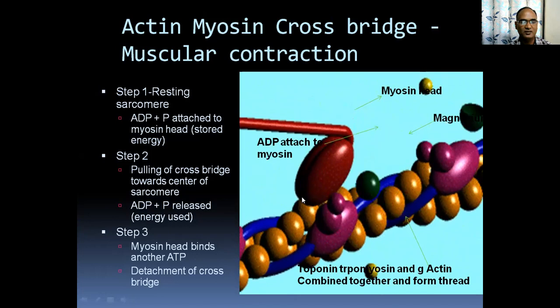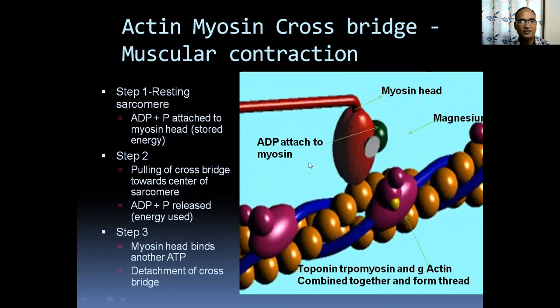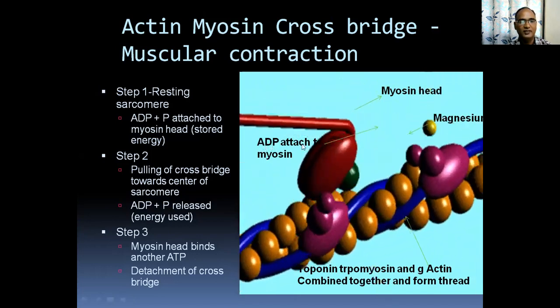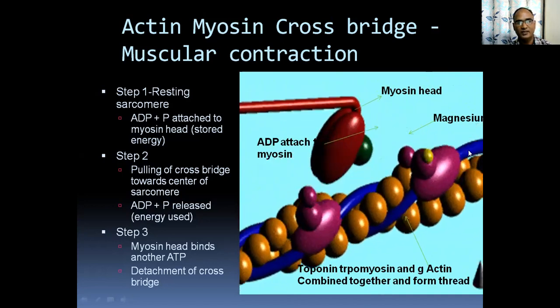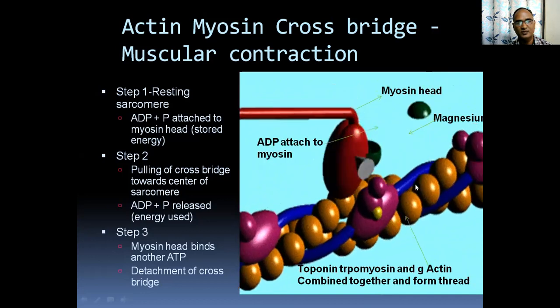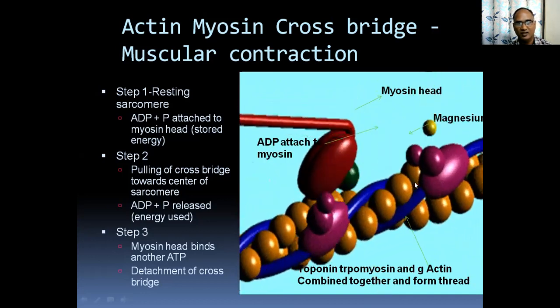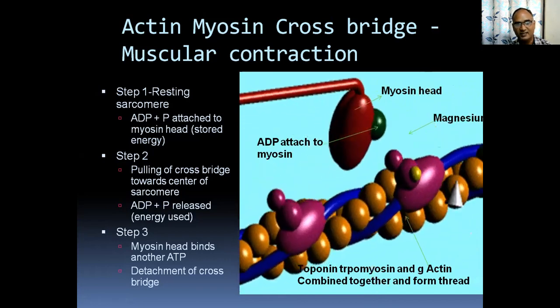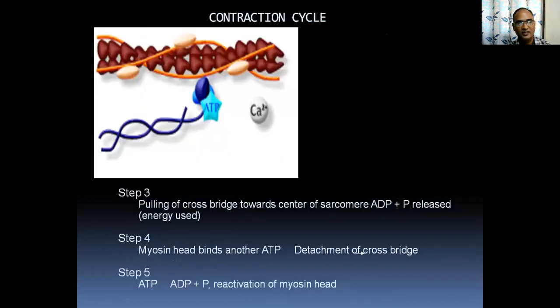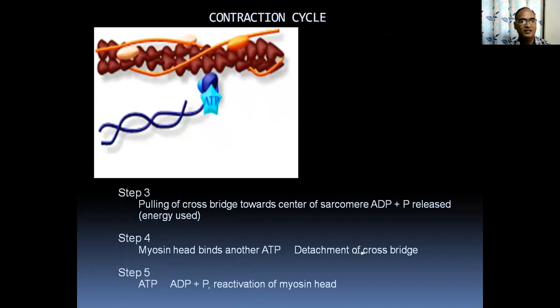During muscular contraction, the adenosine diphosphate is attached to the myosin. The myosin head, with magnesium, is responsible for coupling troponin, tropomyosin, and G-actin together and forming a thread. And this is another area.